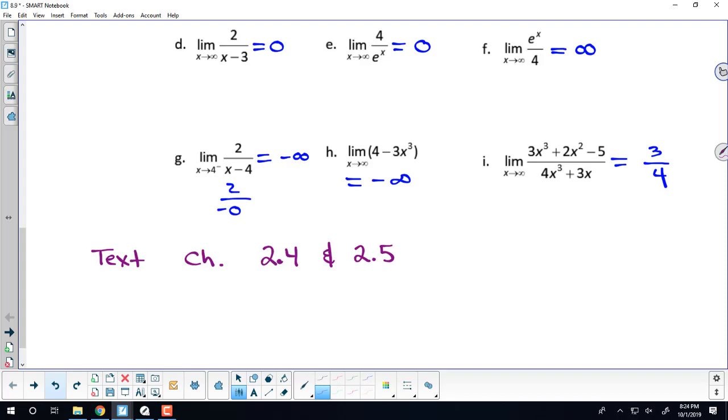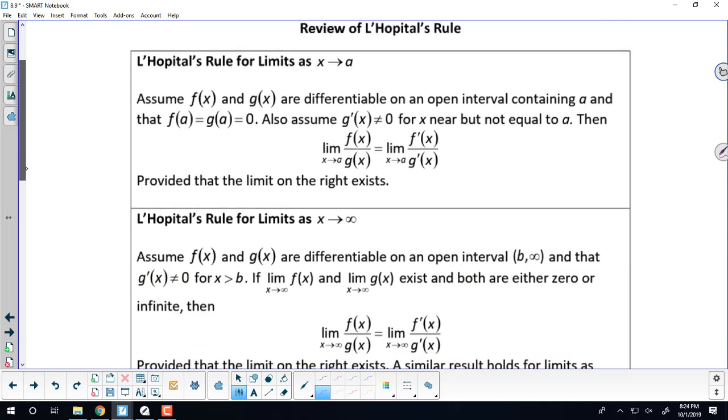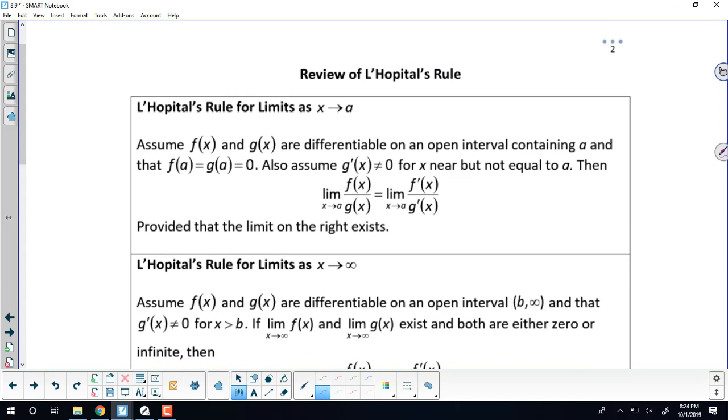Are we going to deal with indeterminate forms? Yeah. So you have to remember also L'Hopital's rule. This is in our textbook in 4.7, I believe.